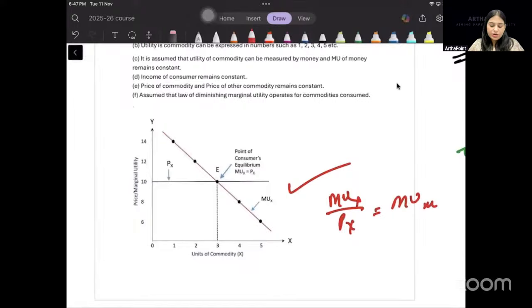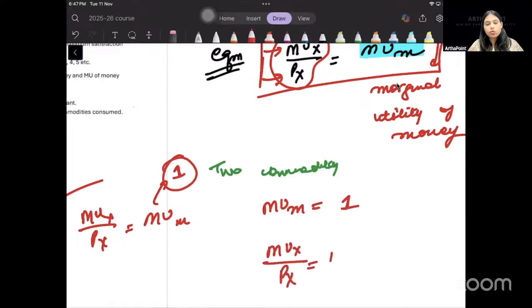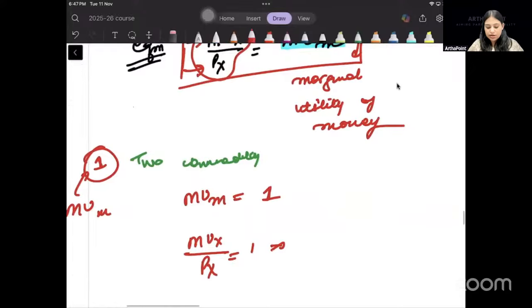Now suppose I assume that MUm is 1, so I plug 1 here, and I get MUx by Px equal to 1. So I will get MUx equal to Px.